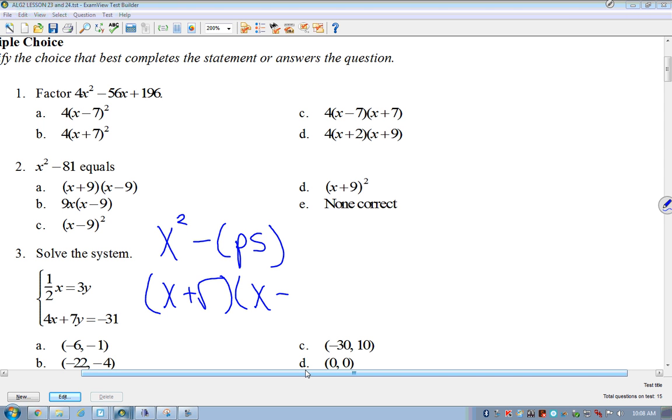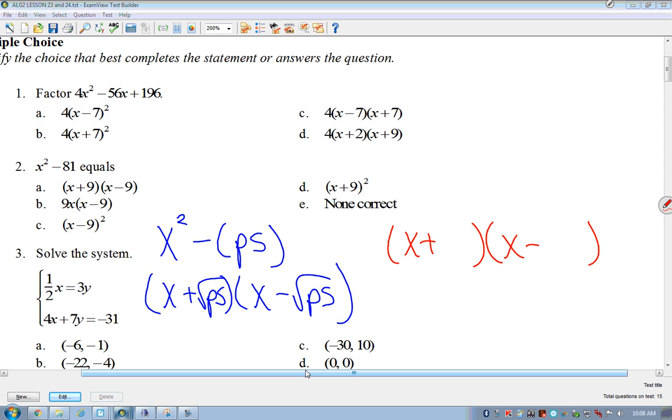So I'm going to put this up here. Does that make sense? All right, so our answer then is x plus and x minus what? What's the square root of 81?